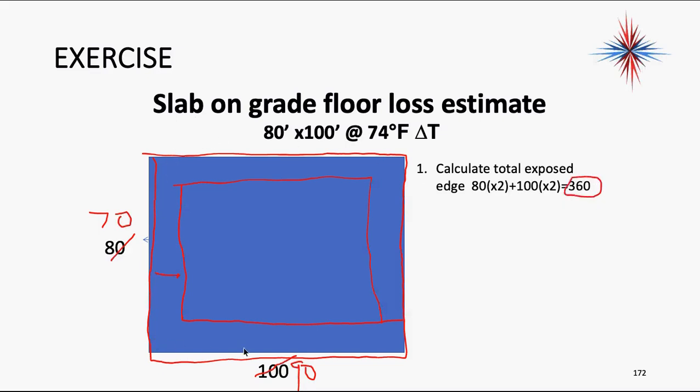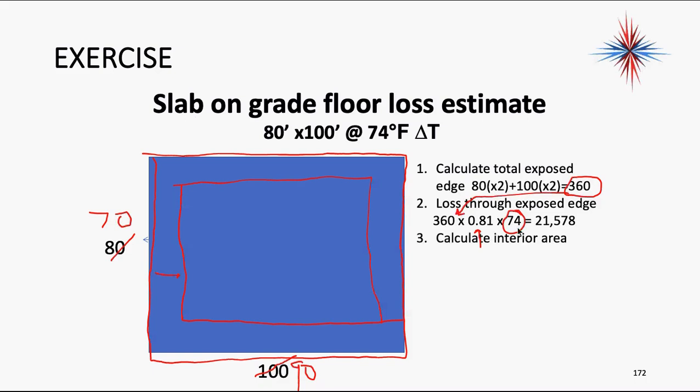That's my edge all the way around, because you have two sides of 80, two sides of 100, that's 360. My heat loss through the exposed edge is the perimeter times 0.81, just a magic number, believe it, times my delta T. And this is in BTU per hour, 21,578. That starts getting up to be a lot of heat loss.